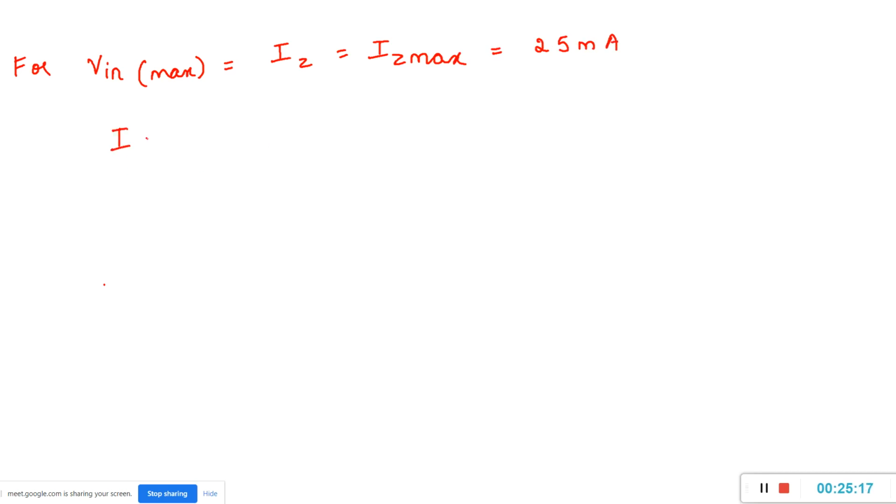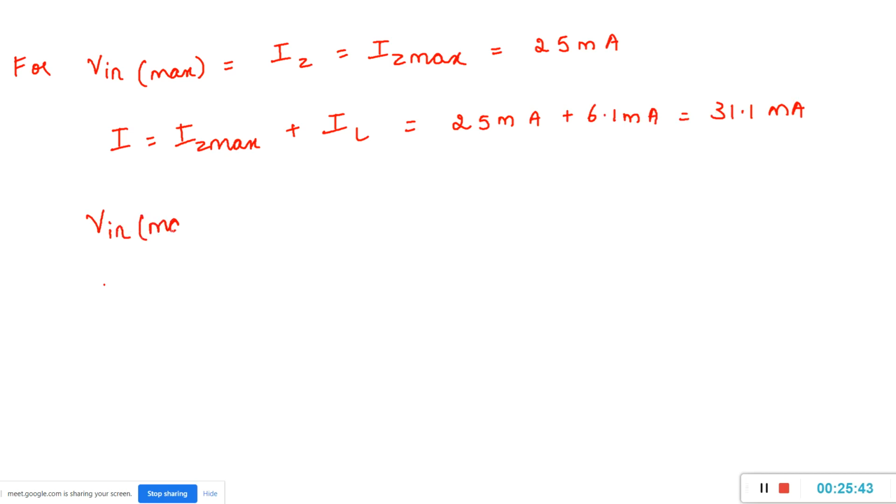So total I is equal to Iz max plus IL. That is equal to 25 milliamps plus 6.1 milliamps. We get 31.1 milliamps. Right? Next, find out Vin max. Vin max is equal to Vz plus IR.